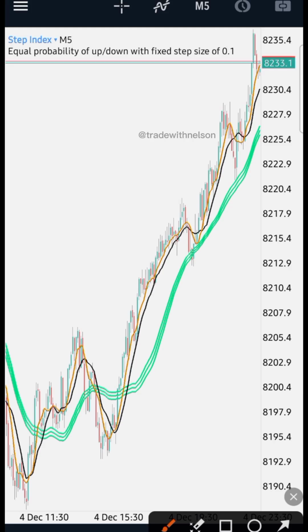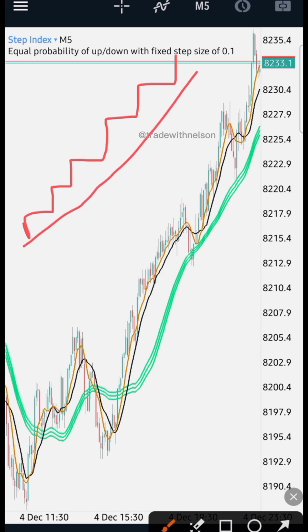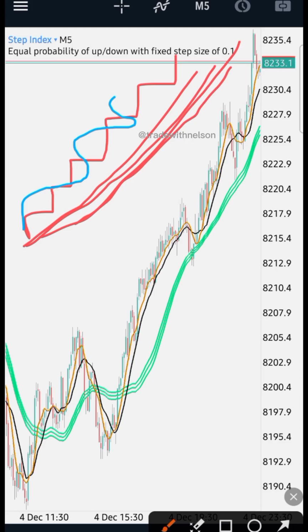Let me give a small illustration of how this works. So if this is an uptrend, and this is the Bollinger Band, and we have the moving average in between the market.